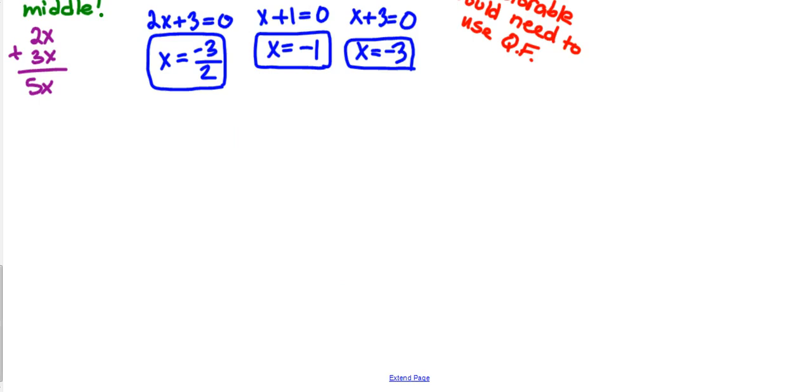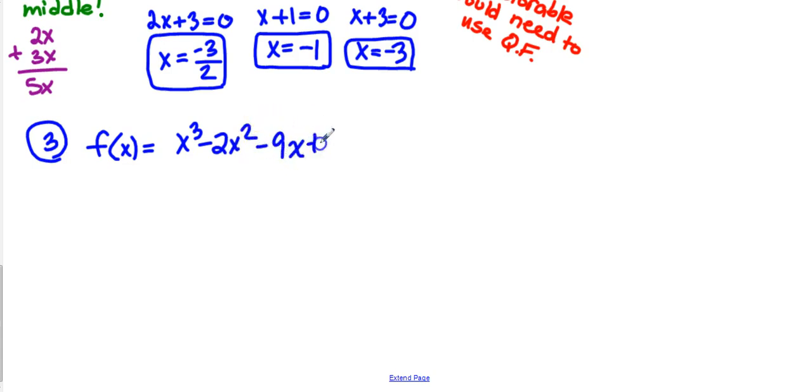Moving on to number 3. Number 3 says f of x equals x cubed minus 2x squared minus 9x plus 18, given x minus 2 is a factor.